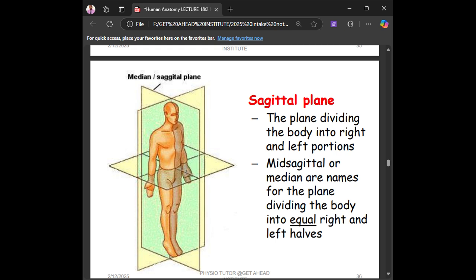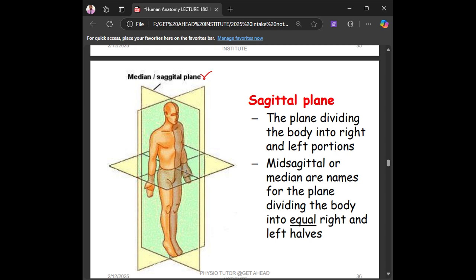As you can see, this is the sagittal plane. It has even been labeled here, sagittal plane. So this sagittal plane is dividing the body into left and right.